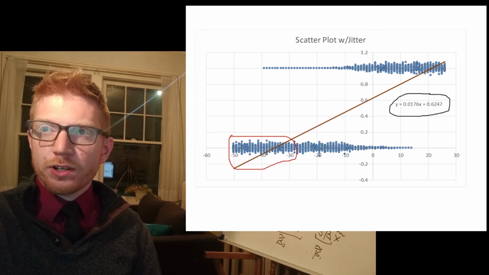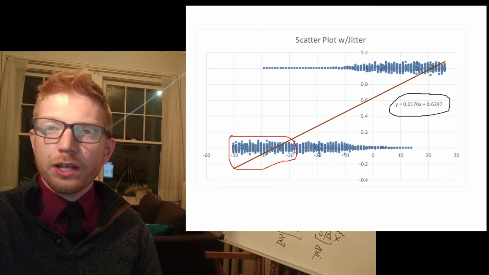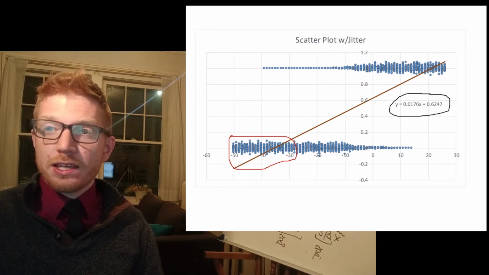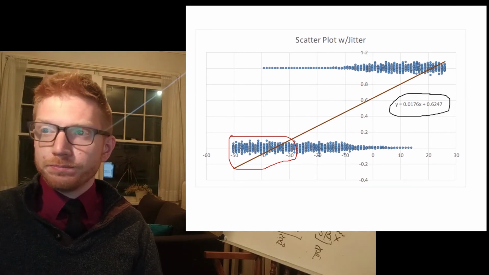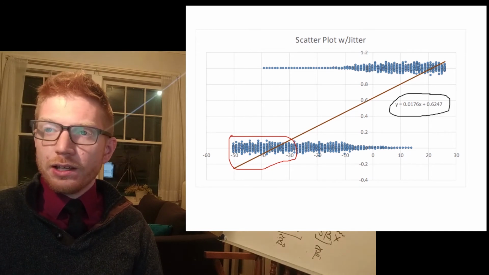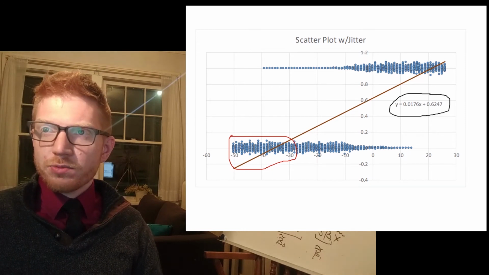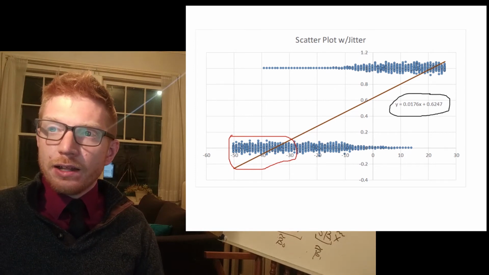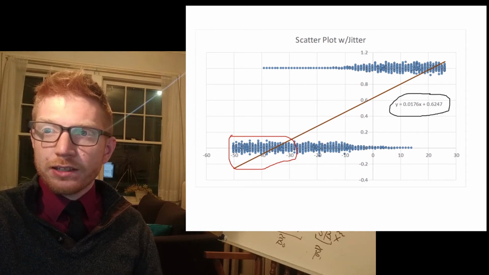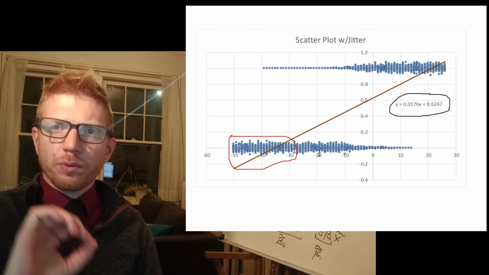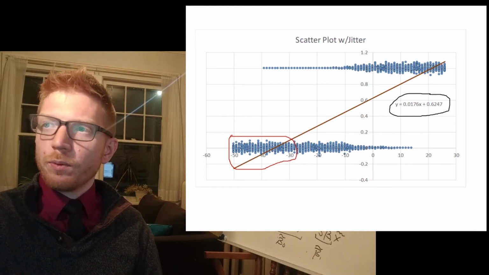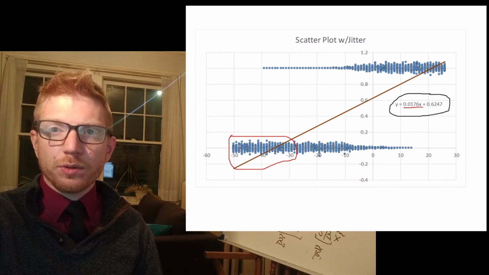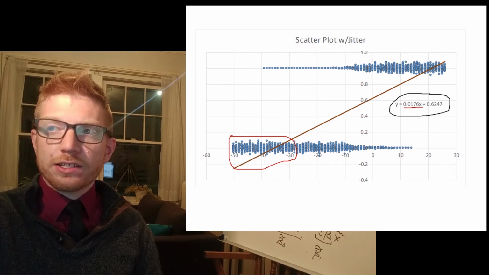For the most part, especially once we got beyond 40, everyone is doing what we would think. Everyone is saying that the Giants would cover that spread, that the Patriots wouldn't win by 40 or 45 or 50. And we might think that since these are included and people are doing what we would expect, it would perhaps strengthen the relationship between y and x. But generally that's not the case.